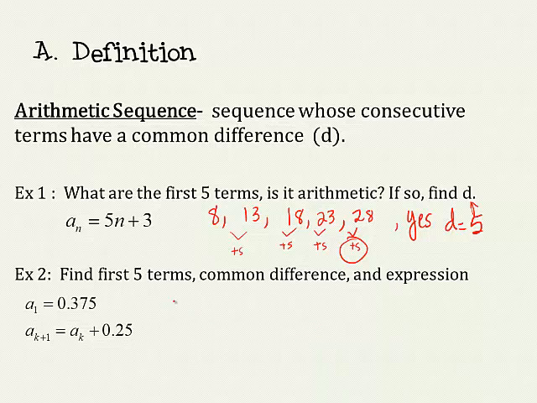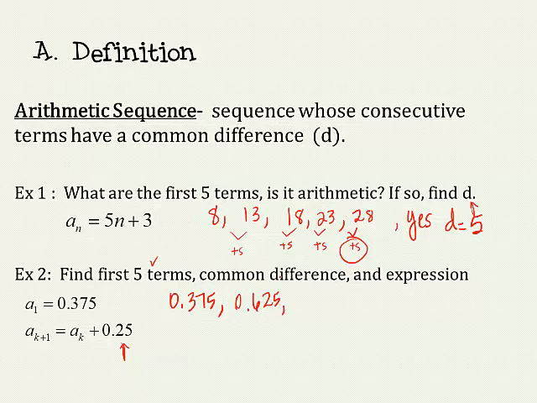Okay? So on example 2. Here's a recursive sequence. Remember that depends on the one before it? So the directions say find the first 5 terms. Well, the first term they already told us, 0.375. And then the equation tells us you've got to add 0.25 for the next term. And I get 0.625.